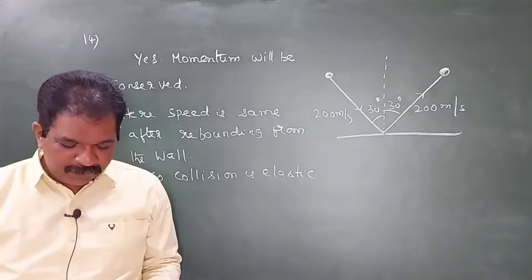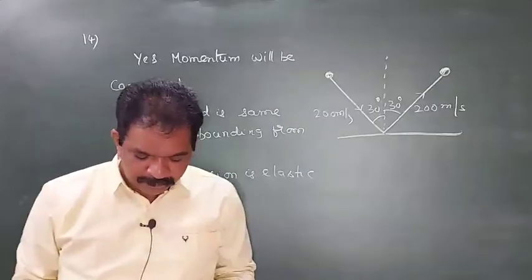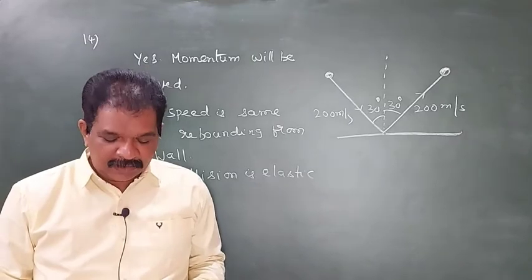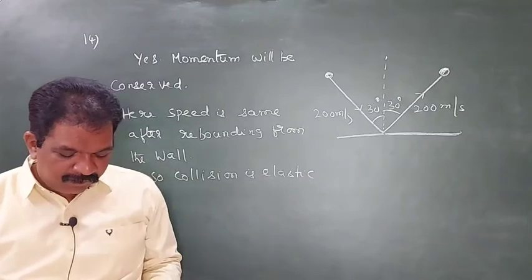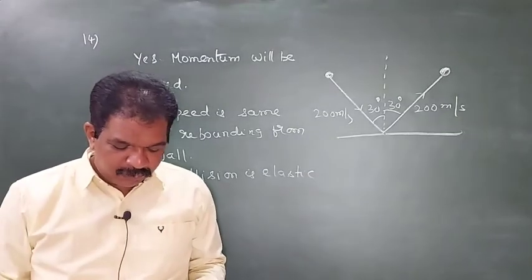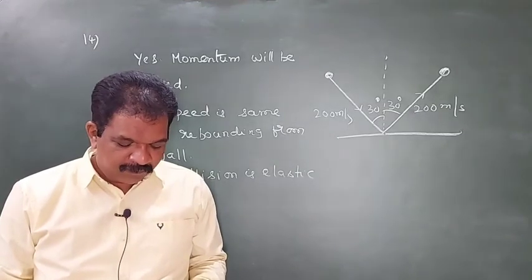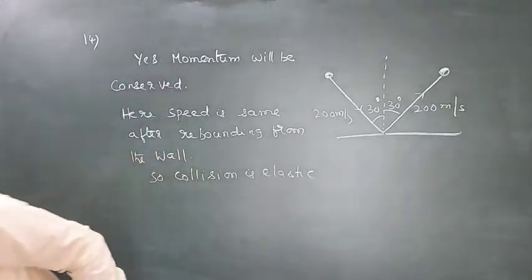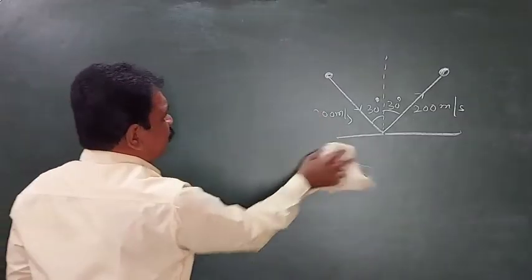Next, 15th problem, you see: a pump on the ground floor of a building can pump water to fill the tank of volume 30 meter cube in 15 minutes. If the tank is 40 meter above the ground and the efficiency of the pump is 30%, how much electric power is consumed by the pump? See what they are asking.